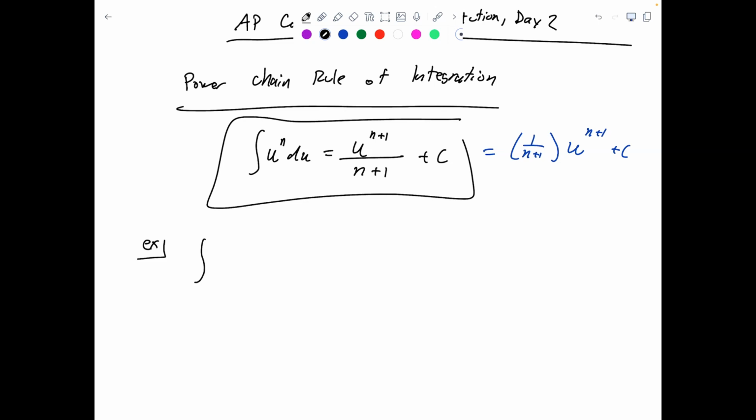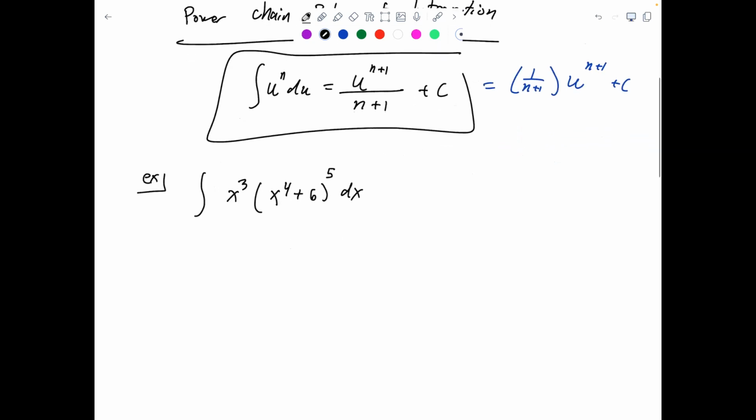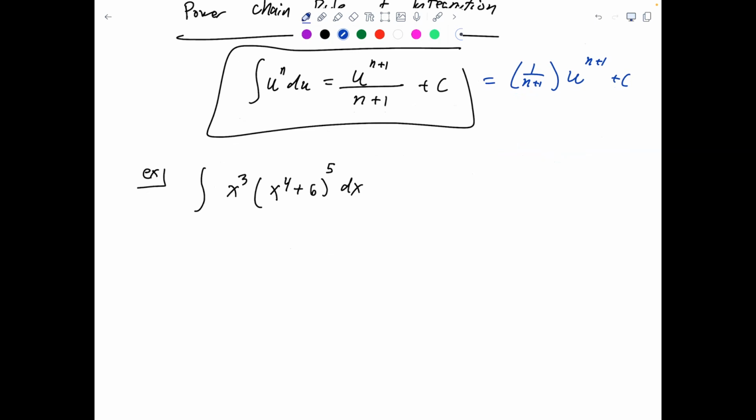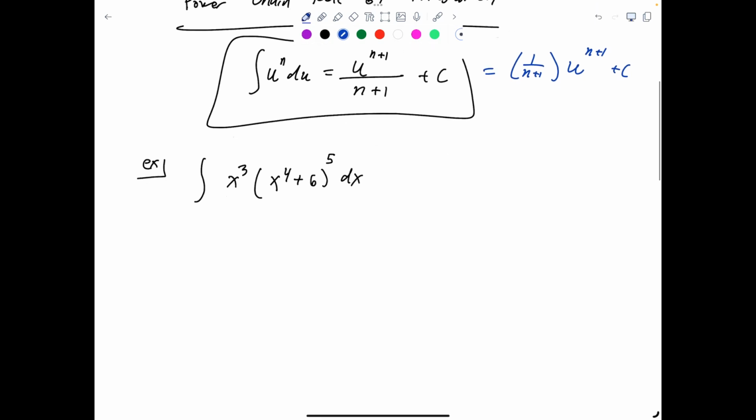For example, take x cubed, parentheses, x to the 4th plus 6, to the 5th power, dx. I can clearly see in this example that there is a u. What is it in this problem?